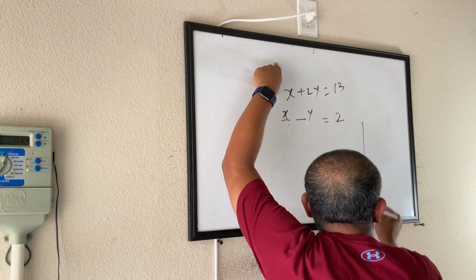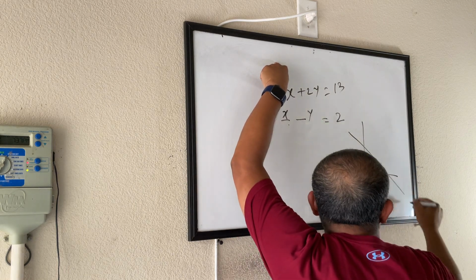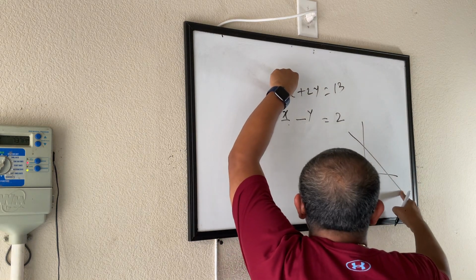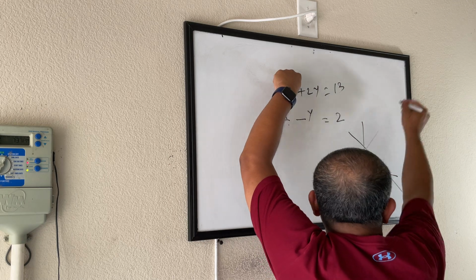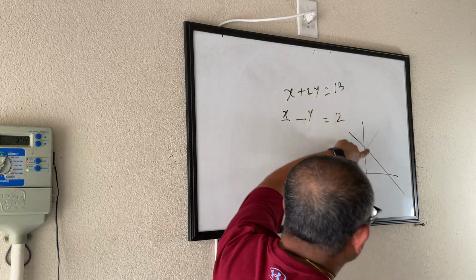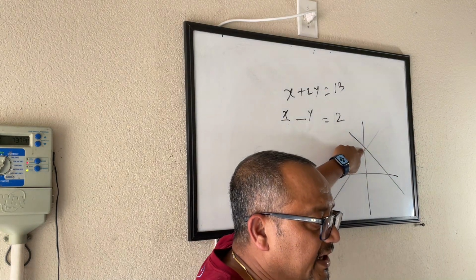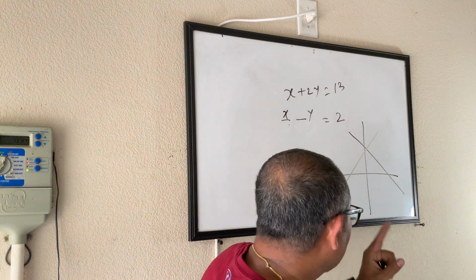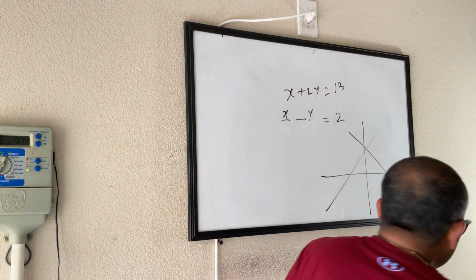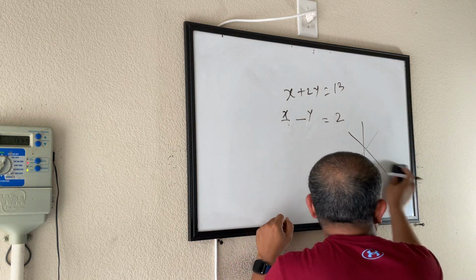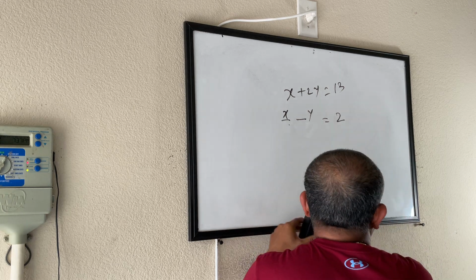If I try visualizing this, one linear equation will draw one line, and the other will draw another line. If they are meeting somewhere, that is one unique solution. That's the most ideal state. What if they don't?